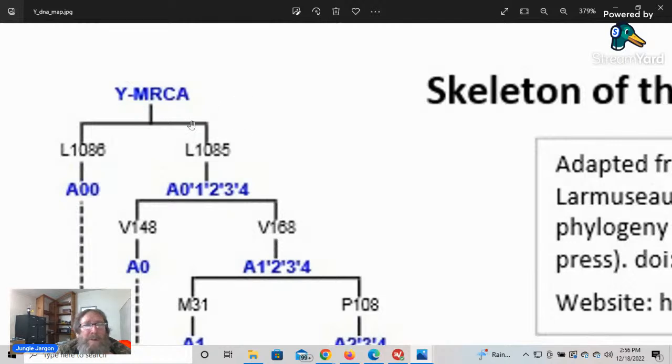So this is very important. The only way you can disprove the out of Africa is if you show that these markers are being lost going from right to left instead of being gained going left to right.